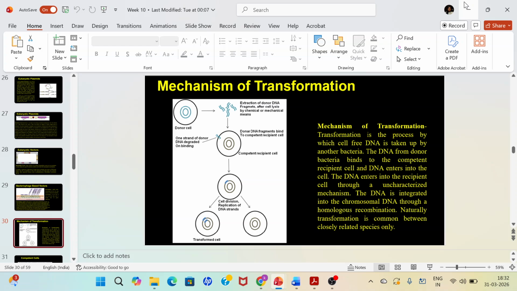In transformation, you transform your vector into a suitable cell. Transformation is a process by which cell-free DNA is taken up by another bacterium. The DNA from the donor bacteria binds to the competent recipient cells, and the DNA enters into the cells.